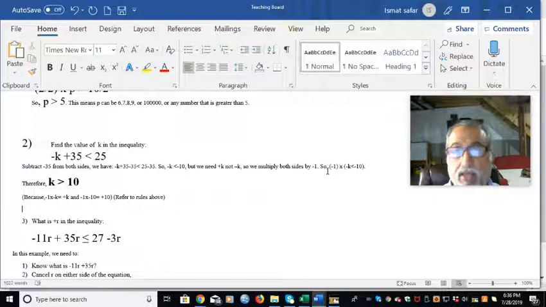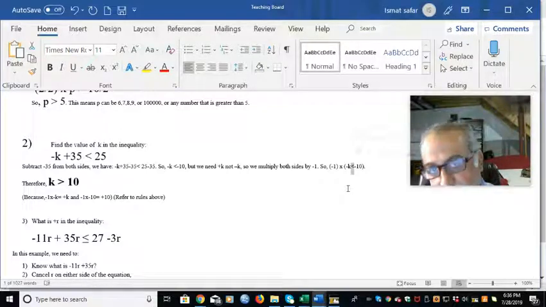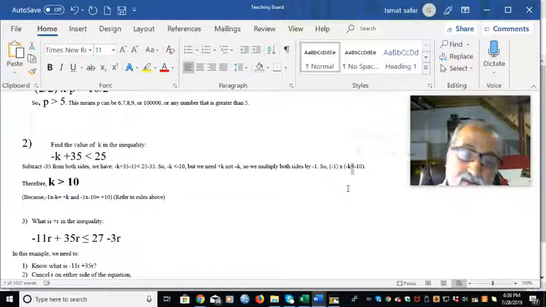Not only k, but also the -10. Very important: don't multiply only one side, you have to multiply both sides. One more note: when we multiply or divide by a negative number, the sign becomes the opposite. If it's less, it becomes greater, and if it's greater, it becomes less. And this is your answer.